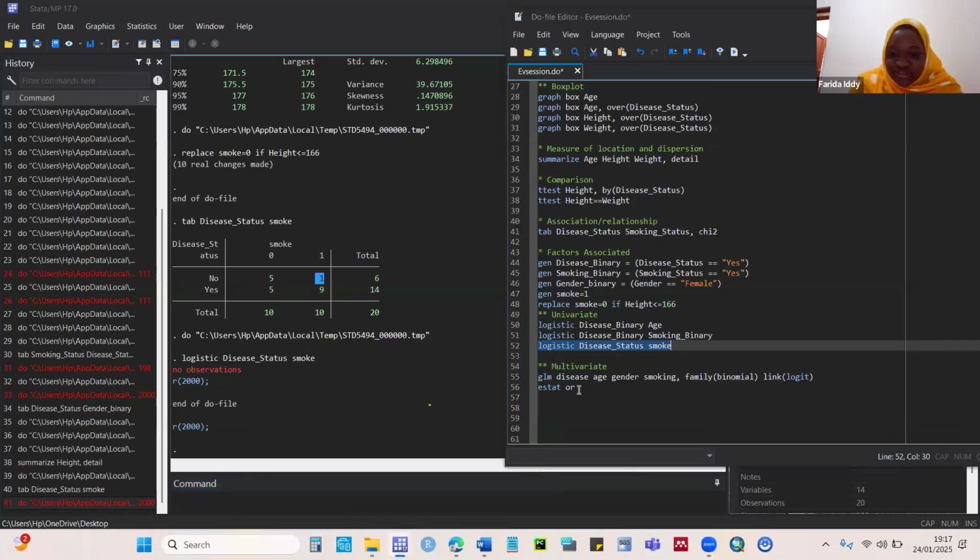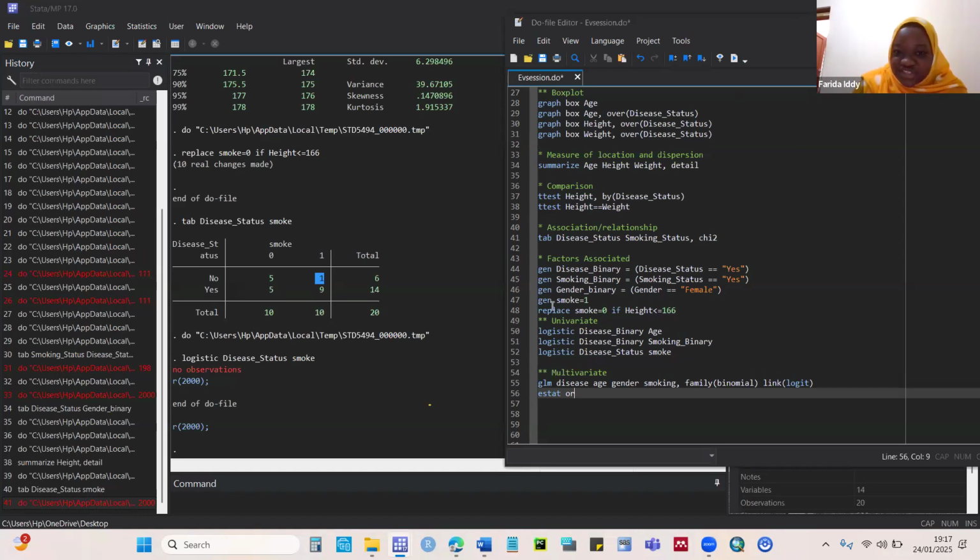So moving forward, you can either fit a binary logistic regression using logistic, or you can use GLM, but let me not complicate the issue.